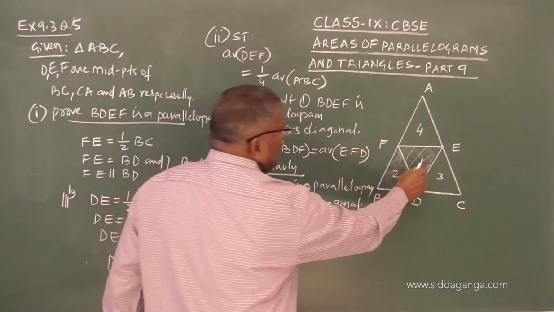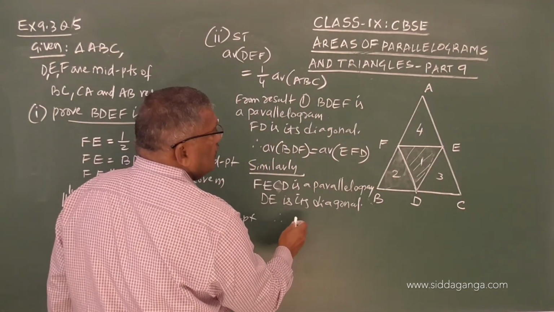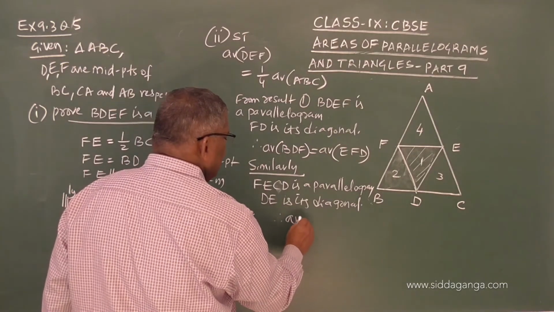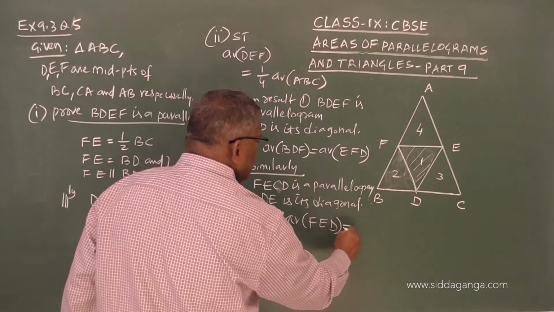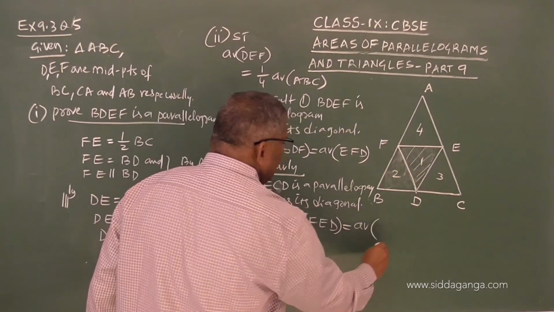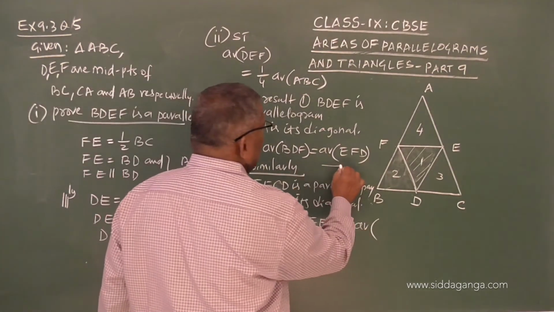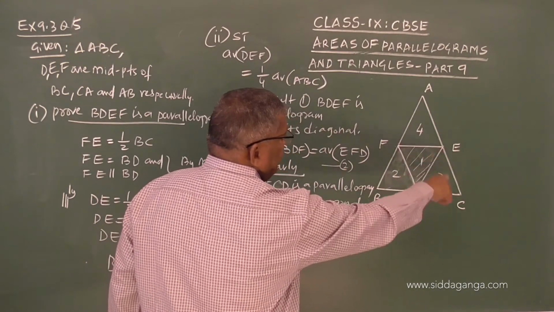Therefore, 1 will be equal to 3. So area of FED is equal to area of ECD.